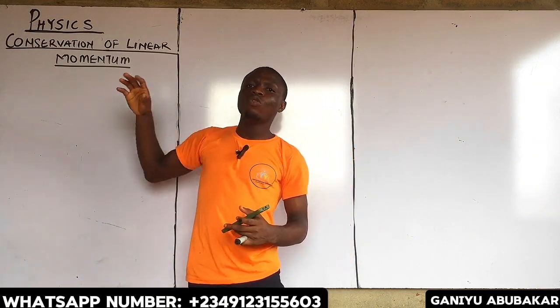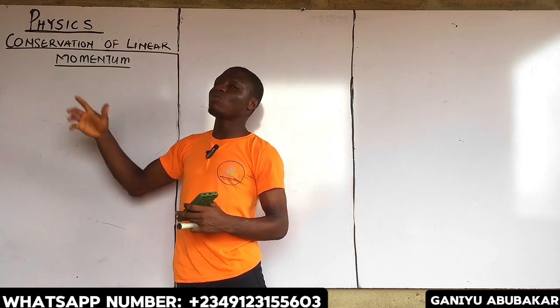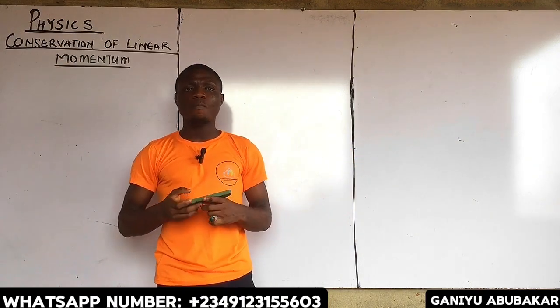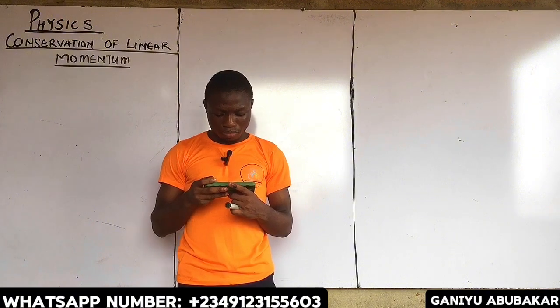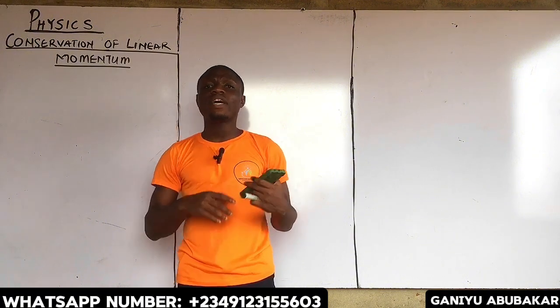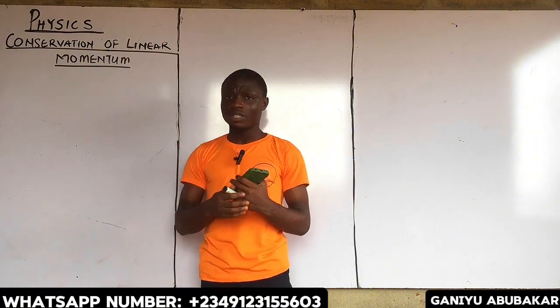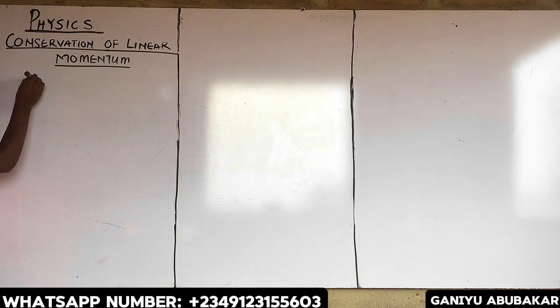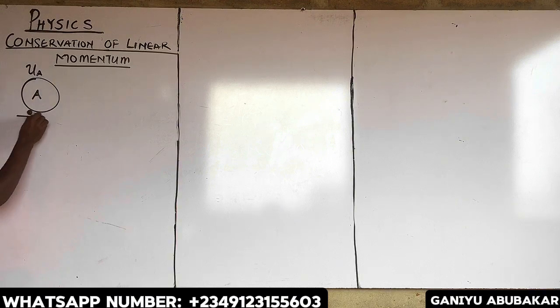All right, let's derive the mathematical expression for conservation of linear momentum. To explain the concept of collision, let's say I have an object A. This object A moves with an initial velocity, call it u A, moving in this direction.